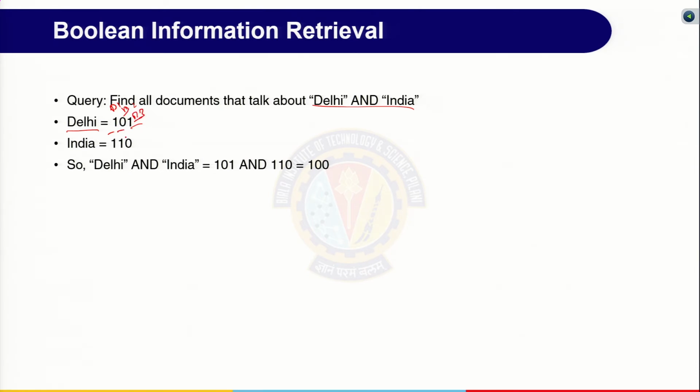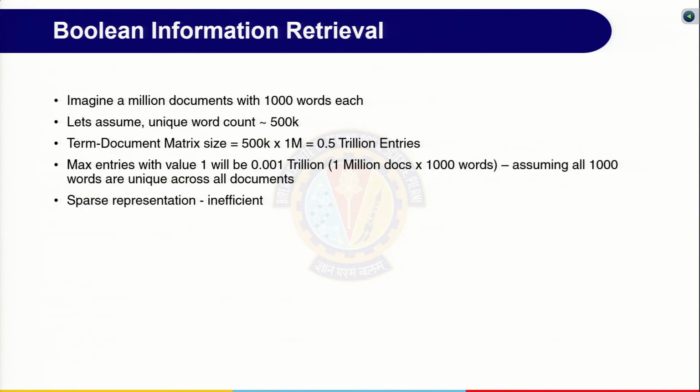In document 3 there is Delhi again, so 101 is my Boolean representation of the word Delhi. Similarly I do it for India, and I simply do an AND operation on these 2 Boolean vectors. When I do an AND, I end up with 100, saying that I can see Delhi and India in the first document, but I don't see both of them occurring together in the rest. So the relevant document to be retrieved is the first document only.